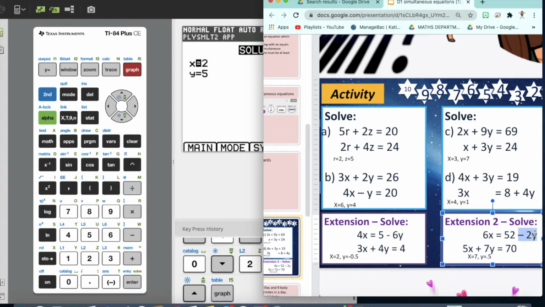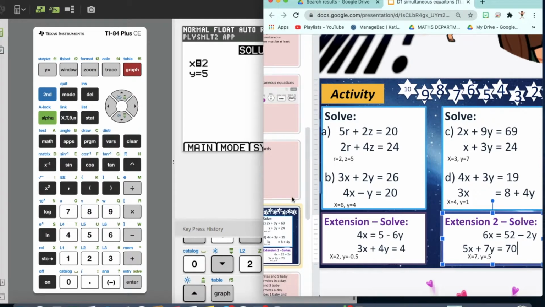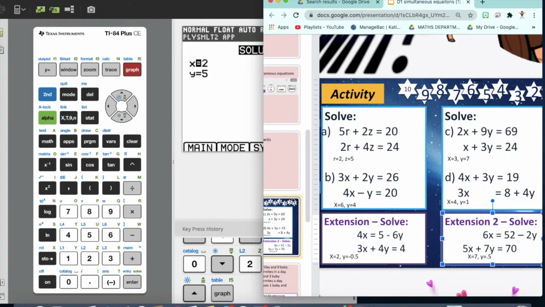So for extension 2 you would have to add 2y to both sides, which means the minus 2y would disappear from this side and then it would reappear on the left hand side. Now before we go, I'd like you to pause the video and have a go at these questions.